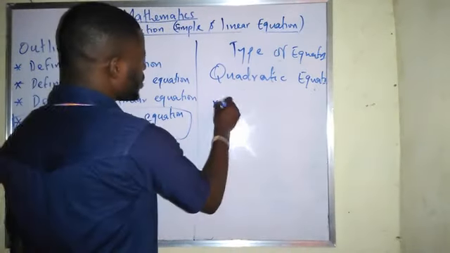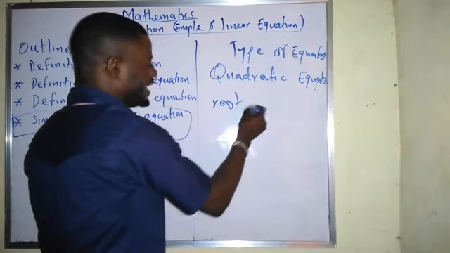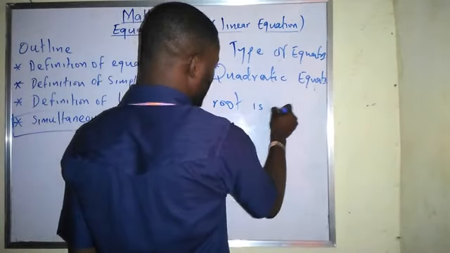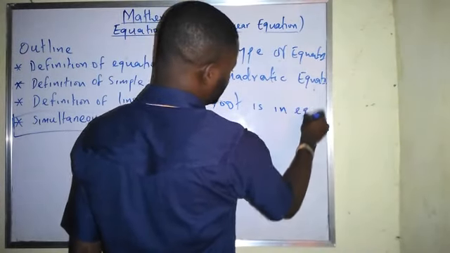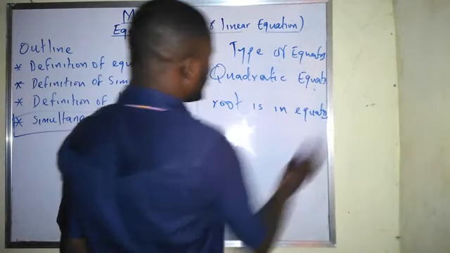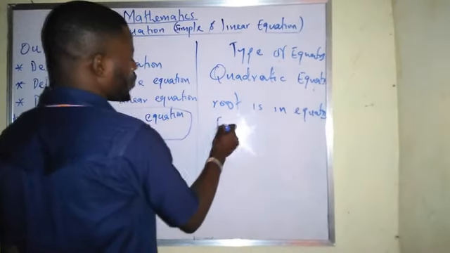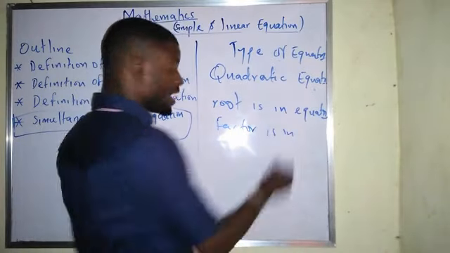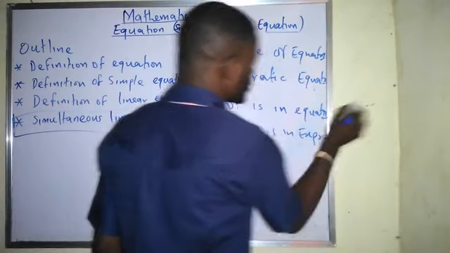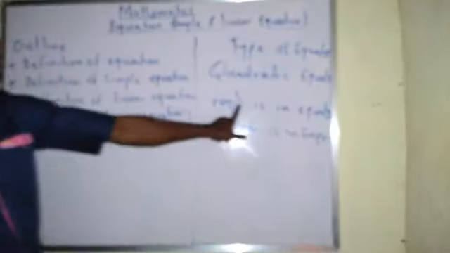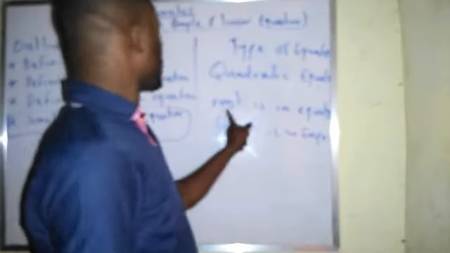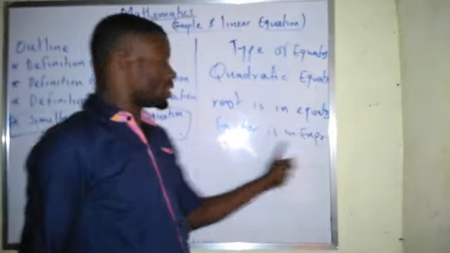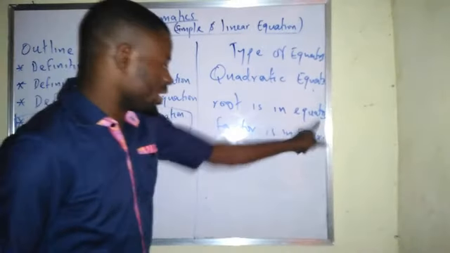Now, when we talk about roots, it's always in an equation. Factors are in an expression. When we are solving towards roots, it means we are to end at an equation.